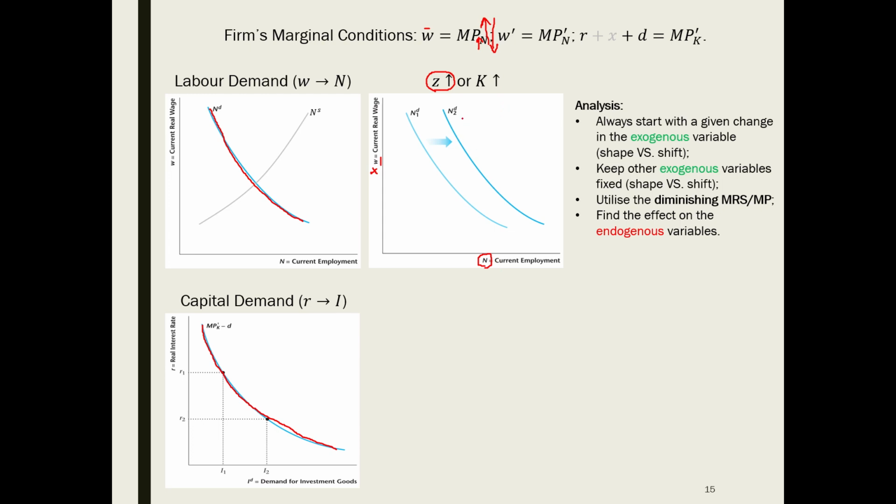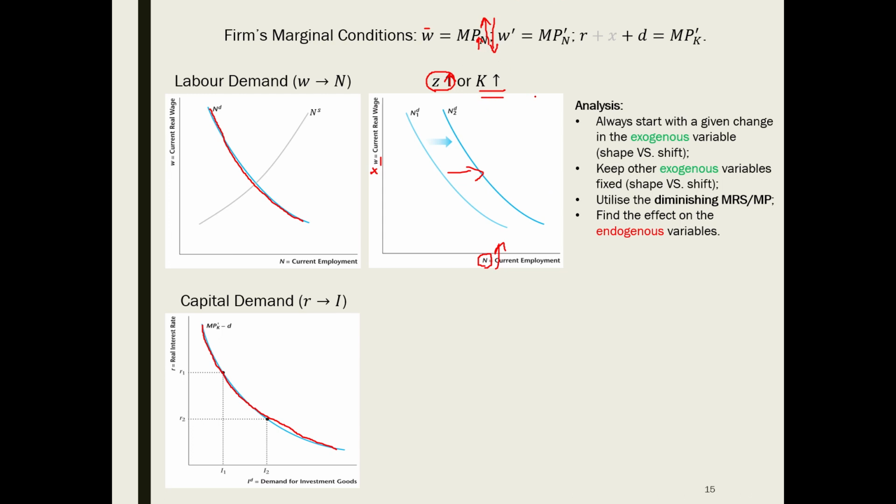To summarize, a rise in Z is associated with a rise in labor demand for all given wages. That means the labor demand curve will shift to the right. The effect of a rise in capital stock K is similar to that of a rise in Z because both result in a rise in marginal product of labor on the right-hand side.